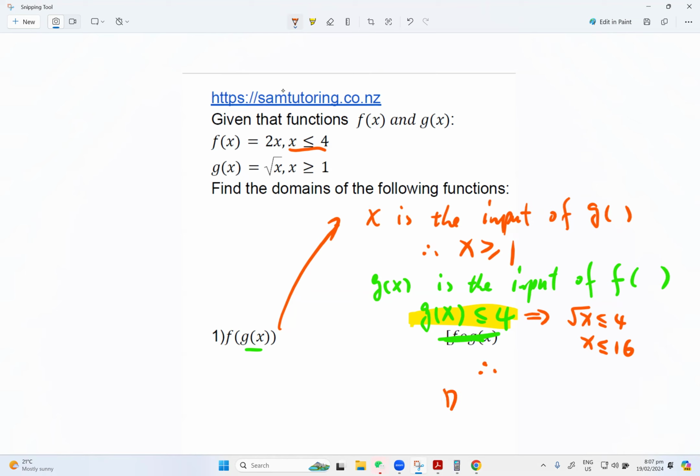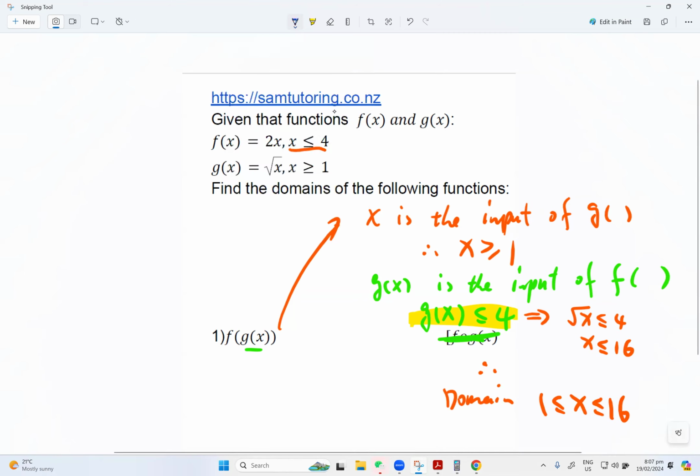Therefore, the domain: check one. This question is pretty advanced. x needs to satisfy two conditions. Therefore, x between 1 and 16.